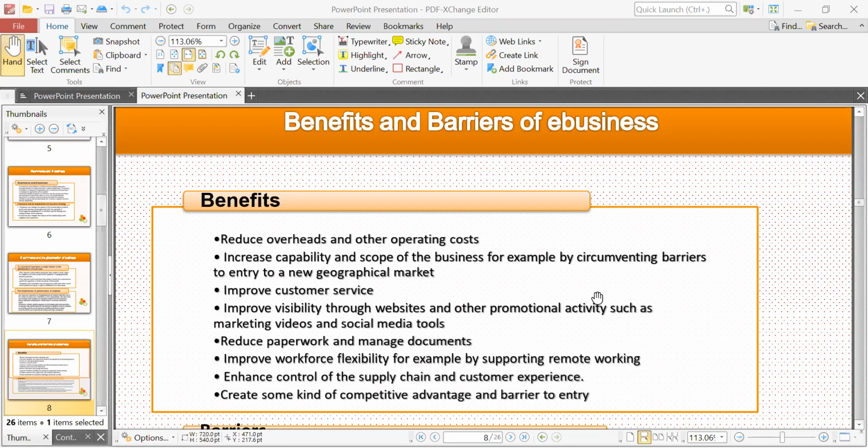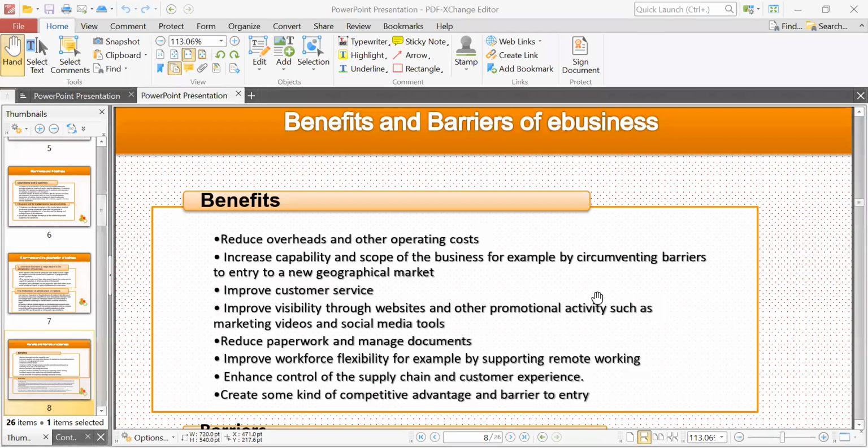Now, can you share with me some barriers or disadvantages of e-business? I think one, we could look at the delivery time.